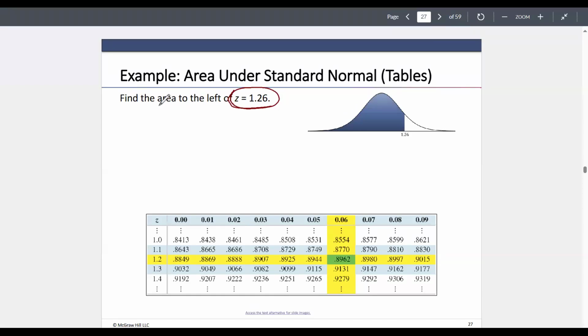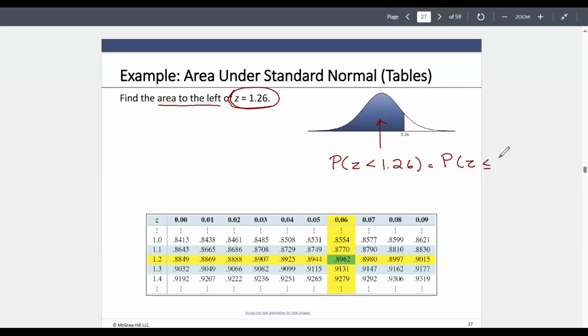If I want to find the area to the left of z equals 1.26, what we're asking for is this area here. Once again, that represents the probability that any randomly chosen z-score would be less than 1.26. If I took any value of x and found a z-score for it, we're looking for the probability that z-score would be 1.26 or less.